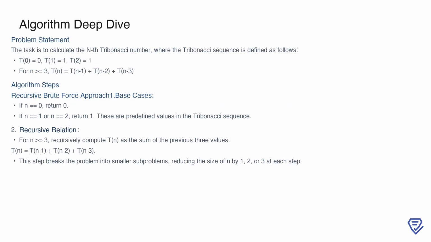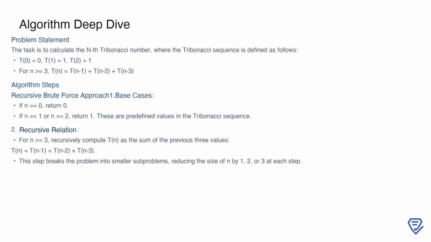When n is greater than or equal to 3, we use the recursive formula t_n equals t_(n-1) plus t_(n-2) plus t_(n-3). This means that to compute t_n, the function will call itself to calculate the values of t_(n-1), t_(n-2), and t_(n-3). These results are then summed up to get the final value for t_n.